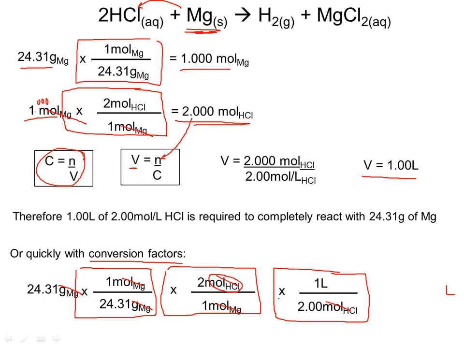And I'm putting moles in the bottom so that it'll cancel out, and liters up top because that's the unit I want to carry through to the end. So I'm using conversion factors. I'm doing the exact same calculations, but I can do it all in one step, avoiding copying errors, avoiding worrying about sigdigs and rounding and all that, and I get the exact same answer much quicker.